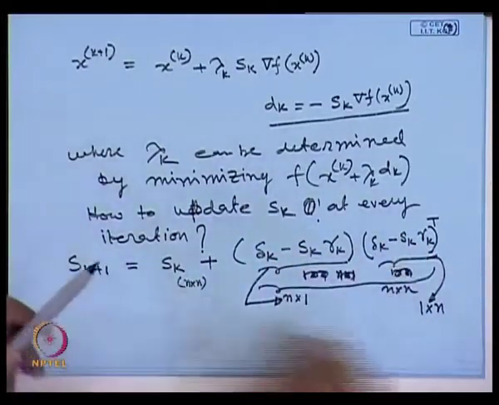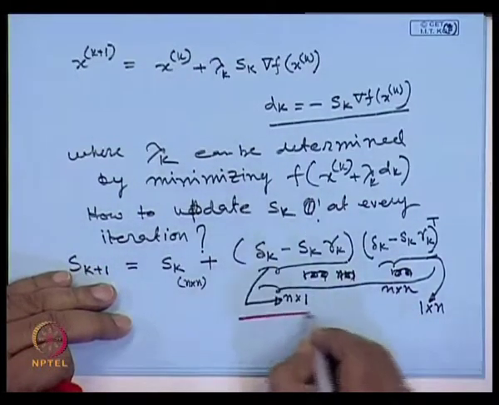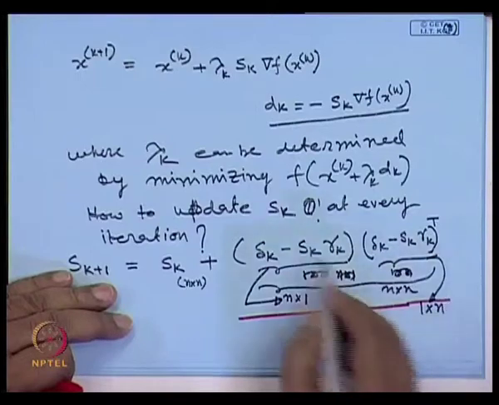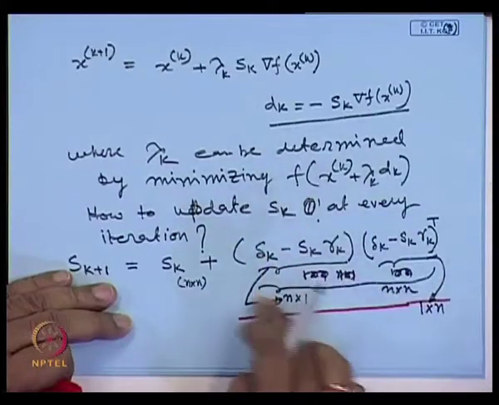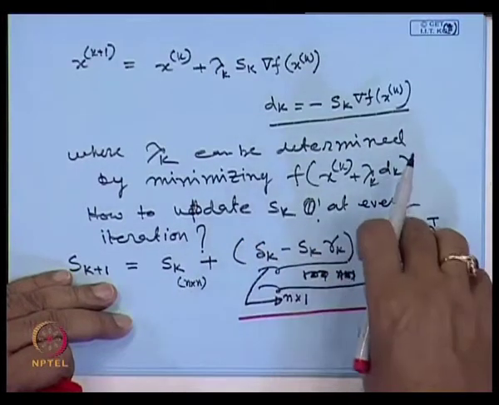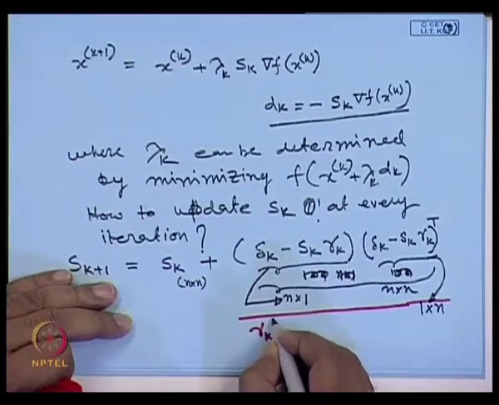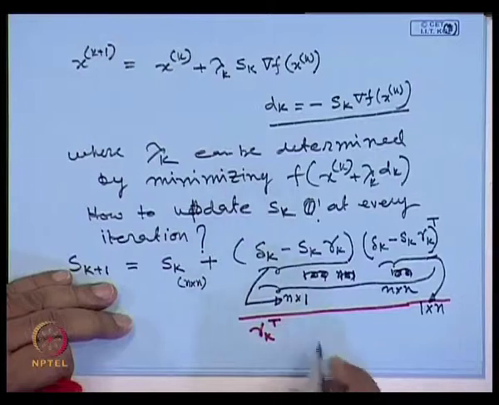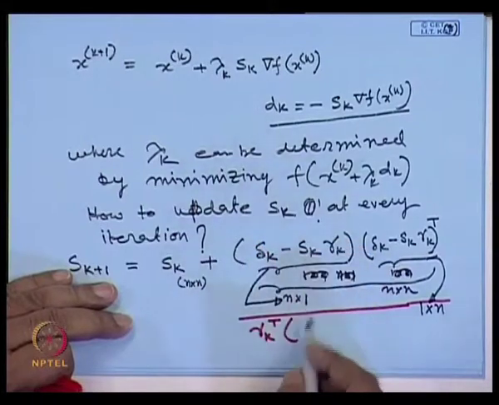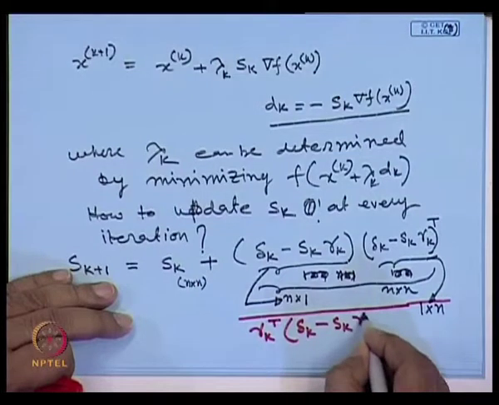So that whole thing is divided by this whole thing. This is the dimension I have written, the column vector divided by gamma k transpose, then this row vector delta k minus x k gamma k.